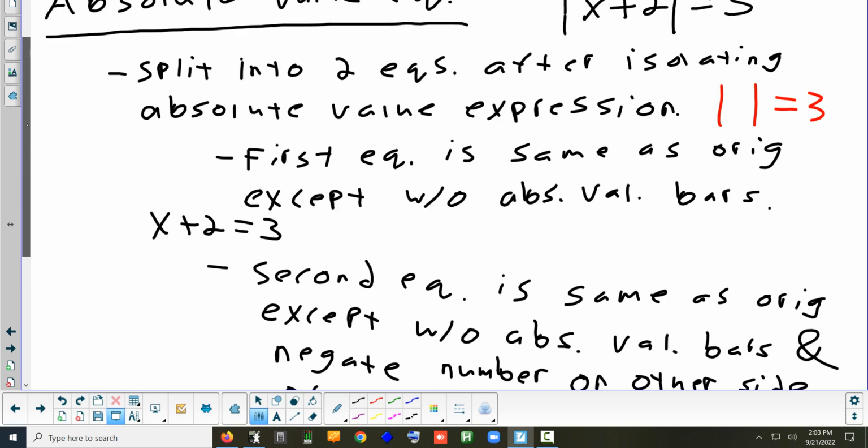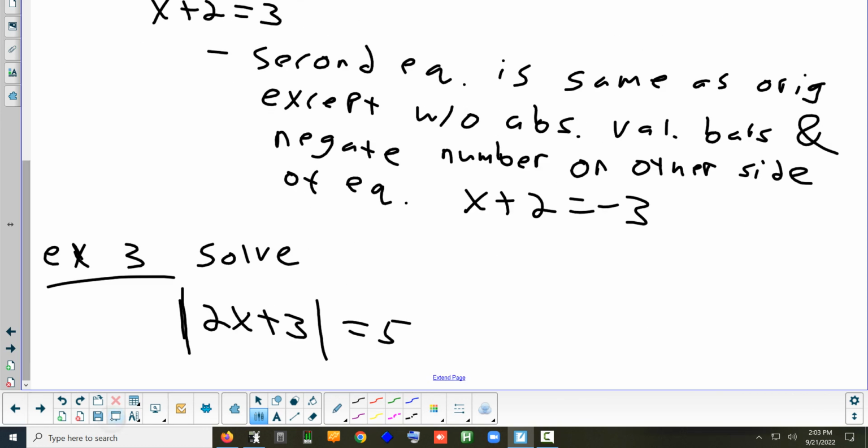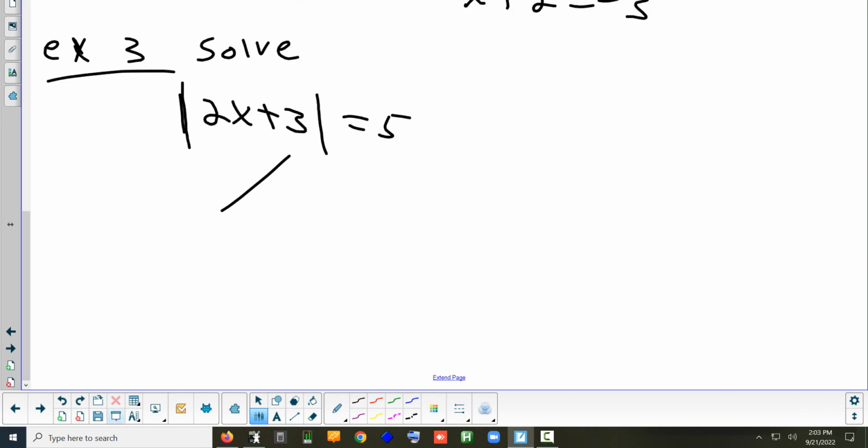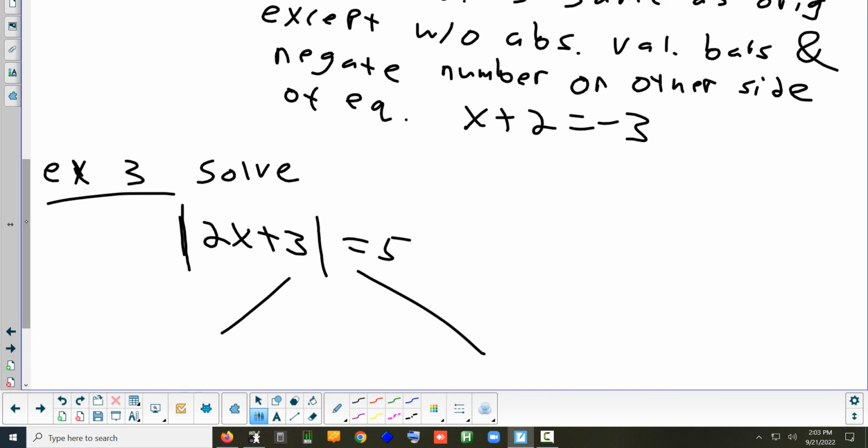So once it's by itself, split it up into two problems. Abigail, can you tell me the first equation that I would split that into?